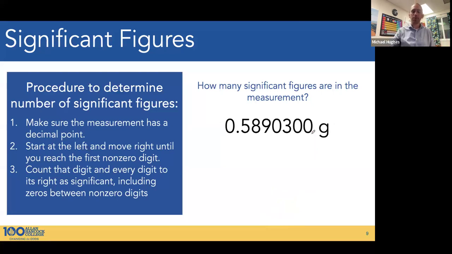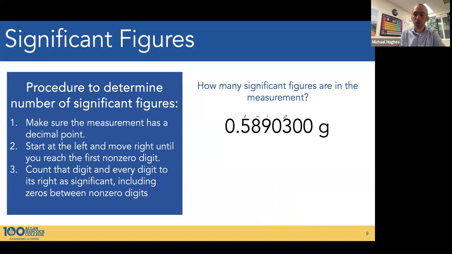Let's try another example. Here's a big one, 0.58903000 grams. So see if there's a decimal point, check. Start at the left and move to the right until we find our first non-zero digit, check. Then count every other digit until we reach the end.